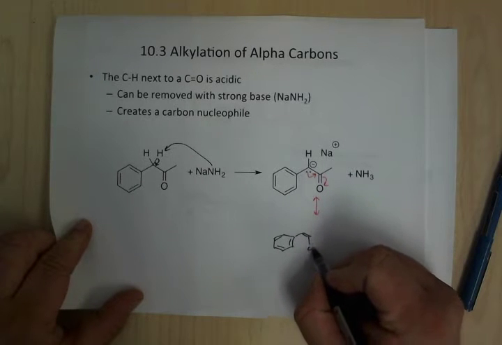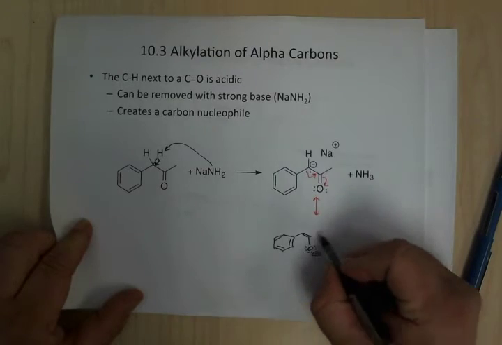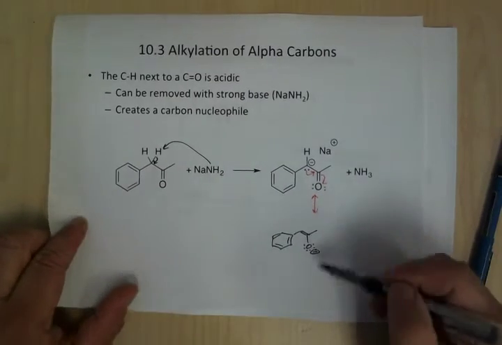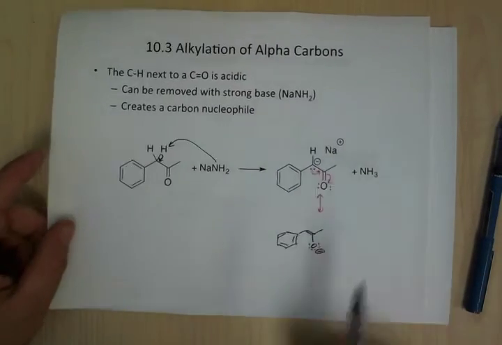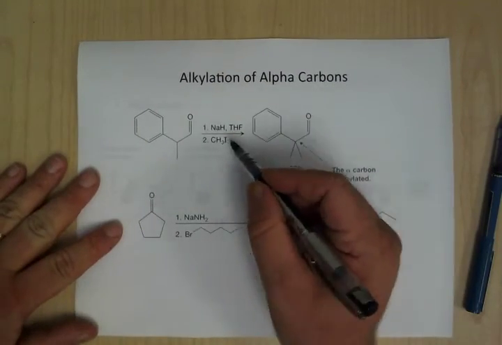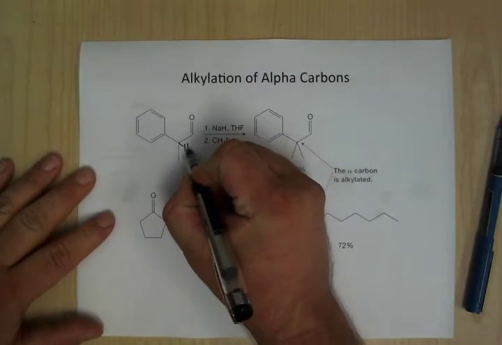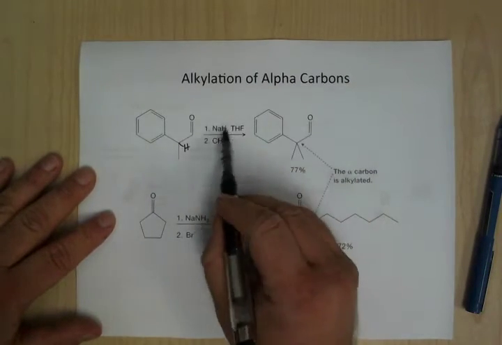You can get this resonance structure to make the enolate, so there's two sets of lone pairs, like that. This helps stabilize the carbanion here, and you can then use any sort of electrophile. This sodium hydride is a good base.